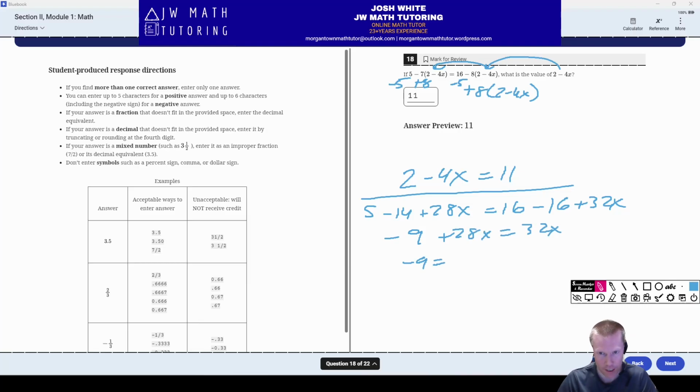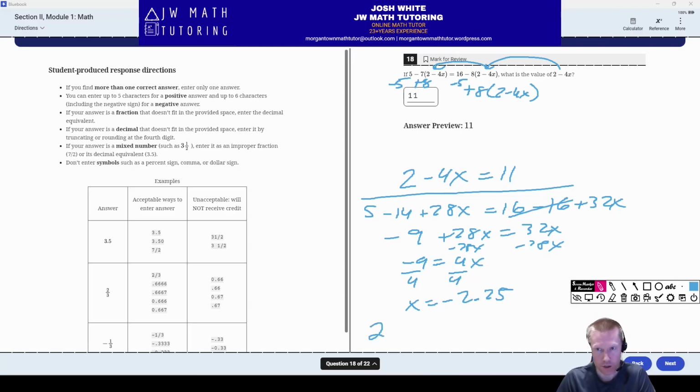Yep, negative 9 equals, now subtract 28x, because these cancel out, they're 0. 4x, divide by 4, x equals negative 2.25. Okay, no, that is right. Yep, it's negative 2.25 or negative 9/4.